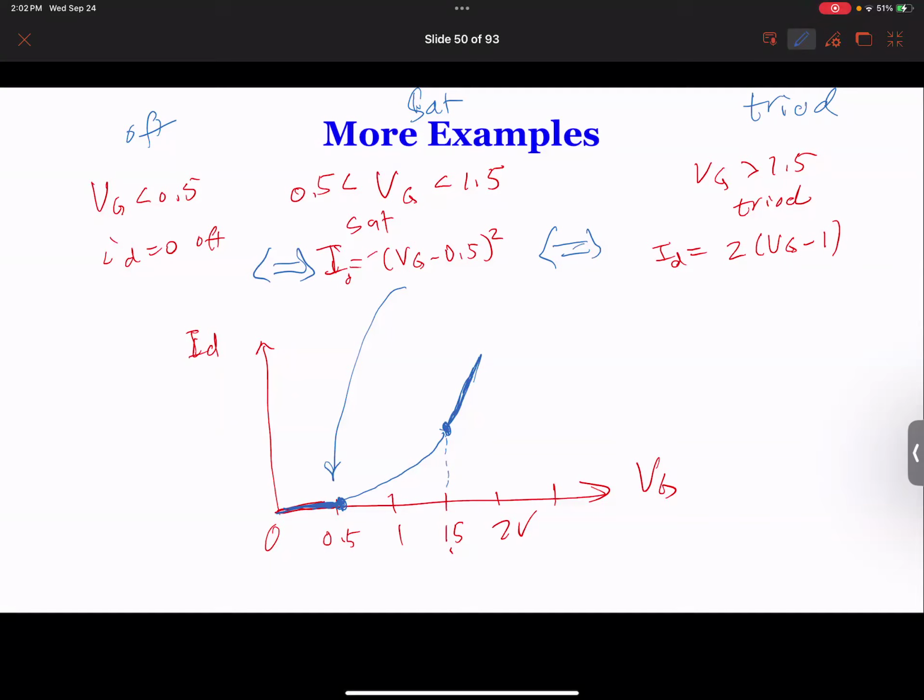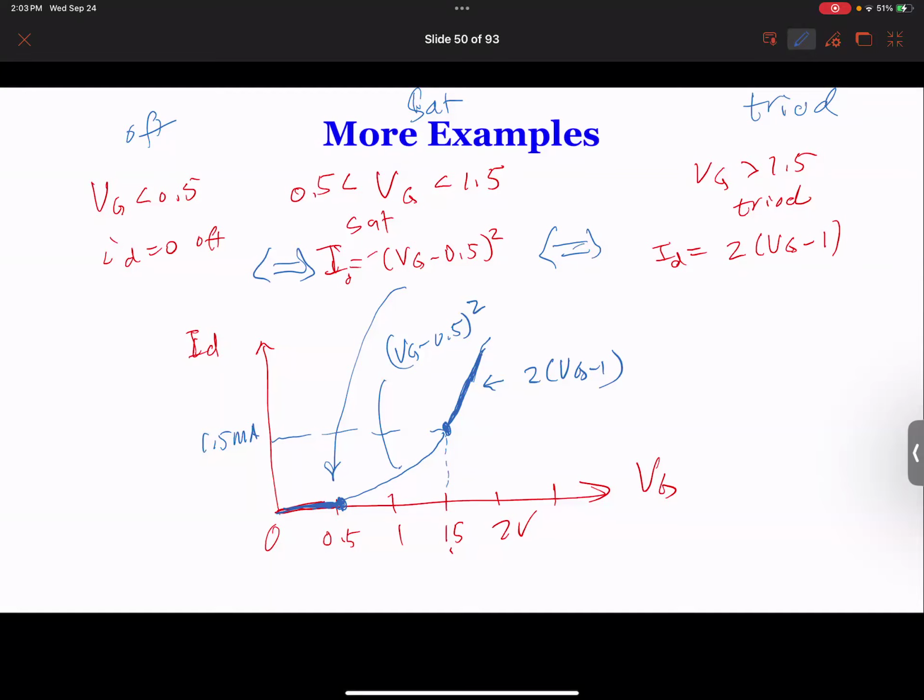So this is the cross point of 1 milliamp, where 2 times VG minus 1 meets VG minus 0.5 squared. So we got this problem resolved.